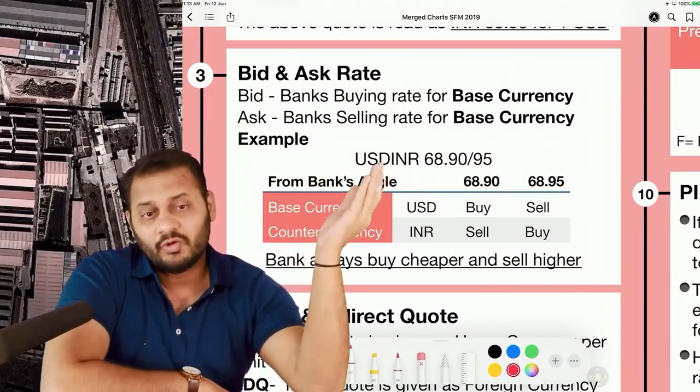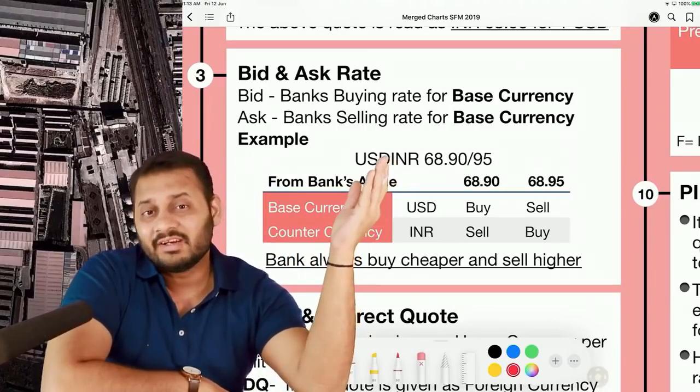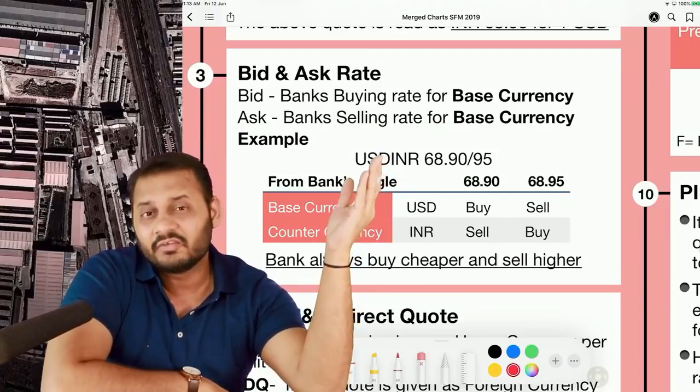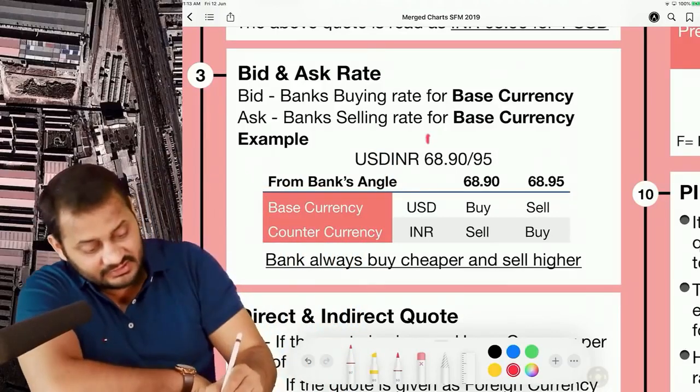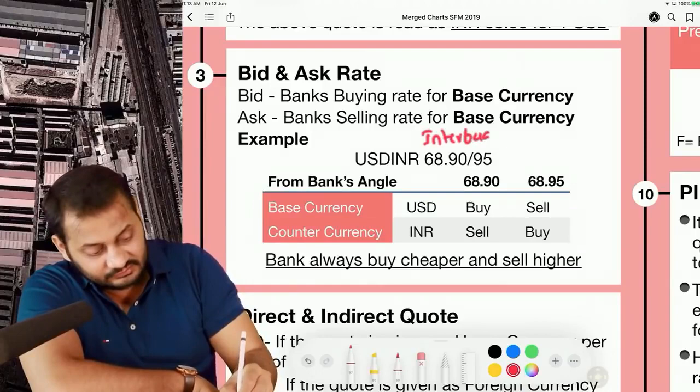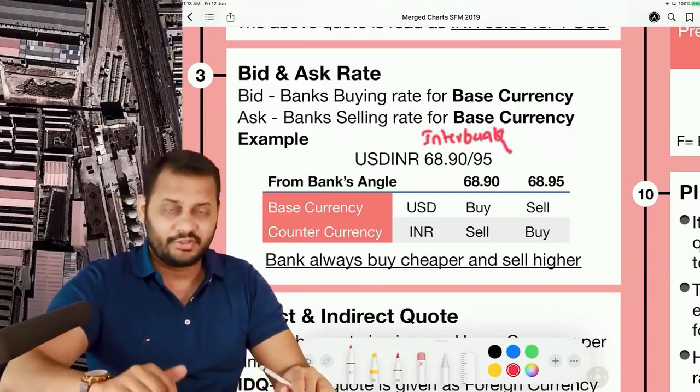Next thing, always interpret these rates from the angle of the bank. Now, if these are interbank rates, one thing you need to understand.